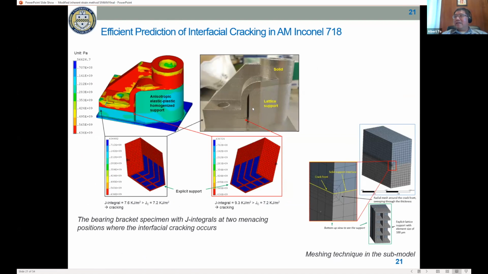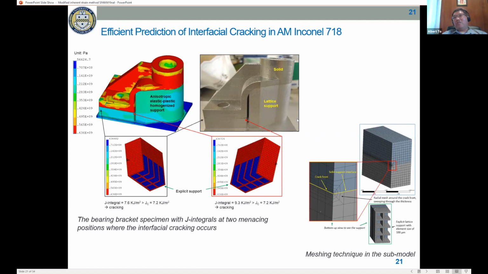I'm running out of time. I just want to present several applications, because the motivation for developing this enhancing method was to do topology optimization and try to prevent build failure, build cracking due to residual stress.